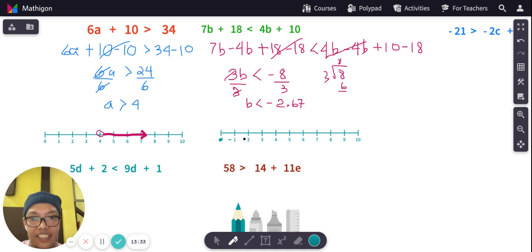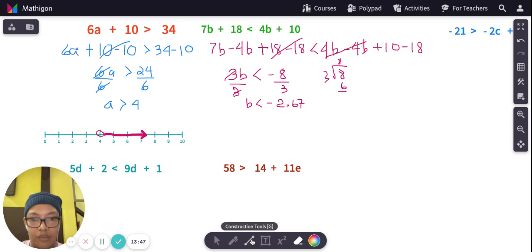I cannot use this, sorry, you might get confused. So I will just draw. So this is 0. This is 1, 2, 3, and negative 1, negative 2, negative 3.